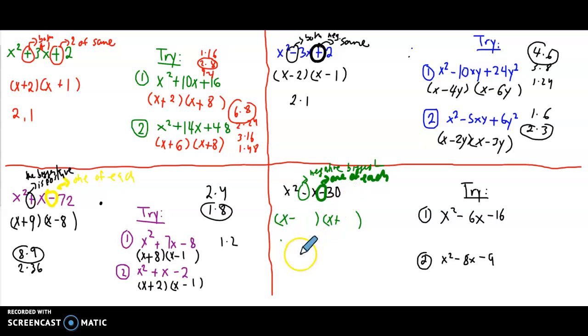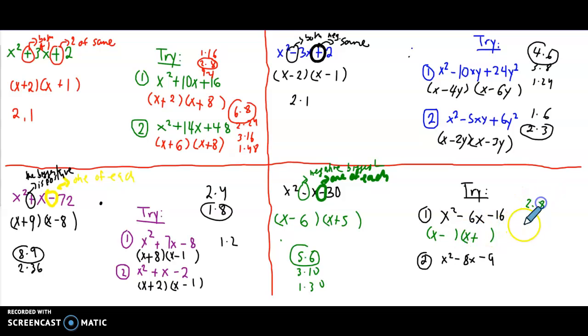How can you get 30? 5 times 6, 3 times 10, 1 times 30. Which one of those will give you a negative 1? Opposite signs, right? That's the only way that you get a negative 1. The biggest is your negative. 6 has to go here, 5 has to go there. Opposite signs, the biggest is the negative.